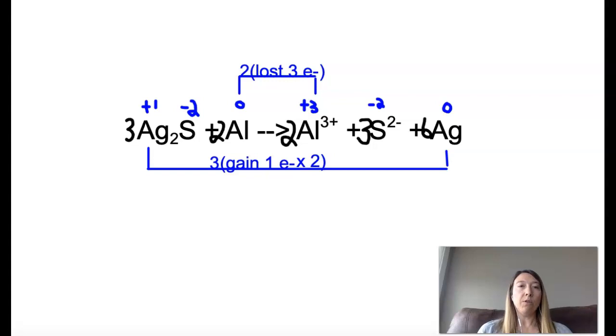Out of the 2 methods, I would say this is the method you guys tend to prefer the least. And I think it's because there's a lot of spots to make a mistake, right? If you make a mistake assigning an oxidation number, the question will never work. If you make a mistake assigning how many electrons were lost or gained, it will never work.